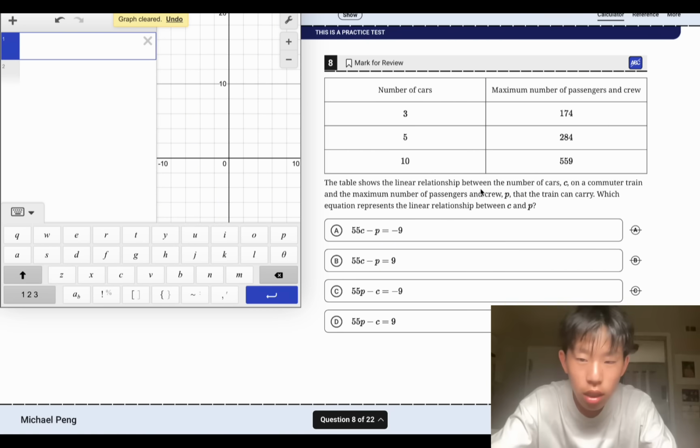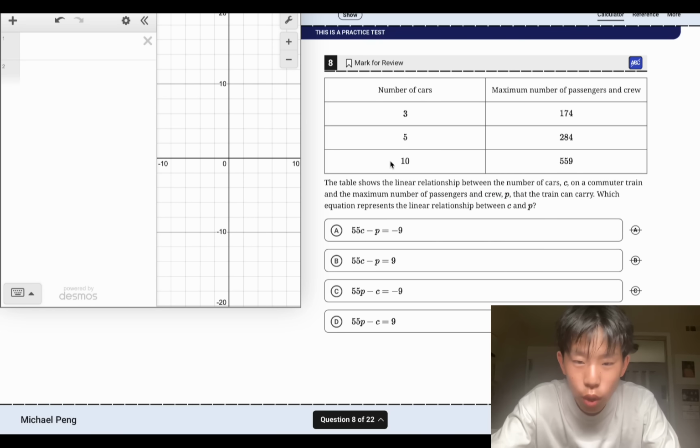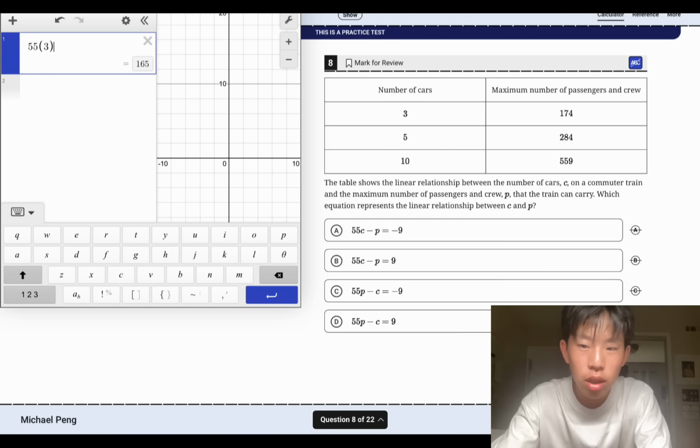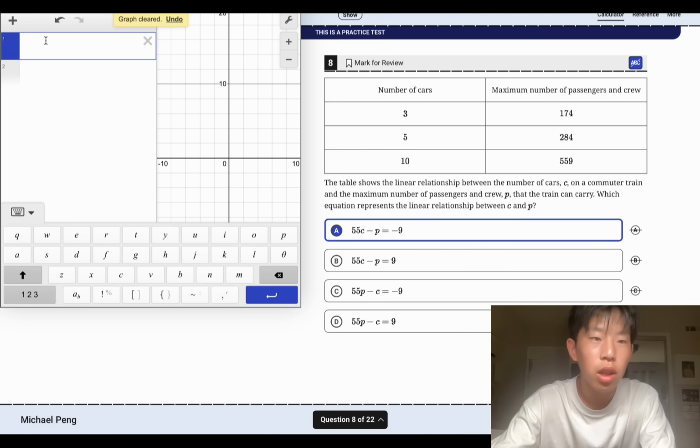So this one is saying, when you plug in the number of cars for C and the number of passengers for P, will it equal negative 9? So let's see. 55 times 3 minus 174, does it equal negative 9? Oh, it does. So that's our answer. But let me show you why the other ones are wrong.